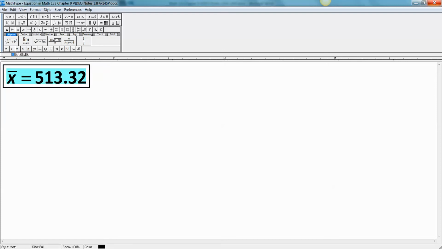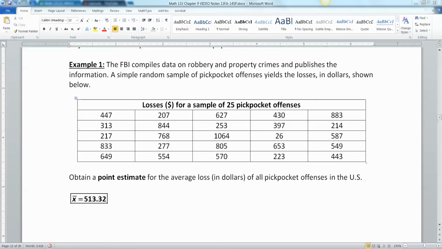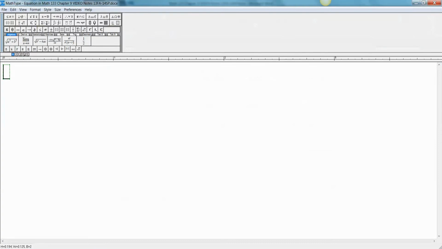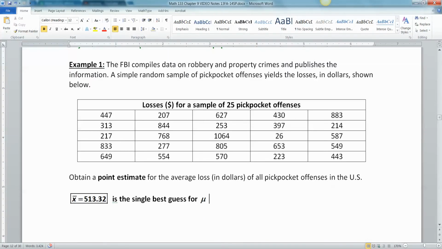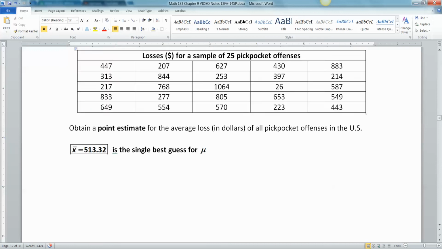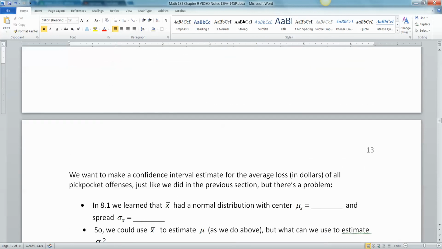That's our single best guess for mu. And that's what a point estimate is. Point because it's single, estimate because it's a guess. All right, wonderful. Now there is another way to do it, and I'll wait on it and I'll show it to you in a minute.